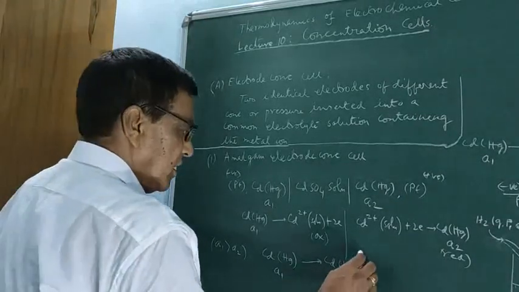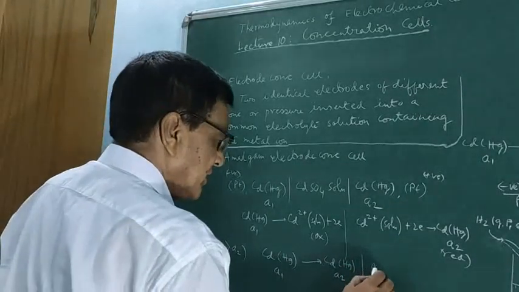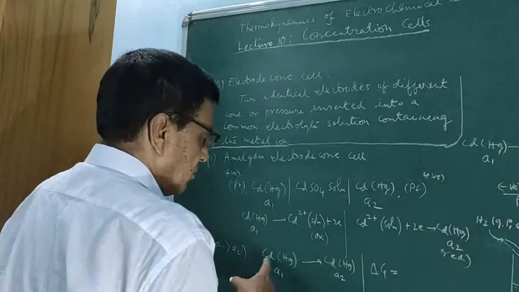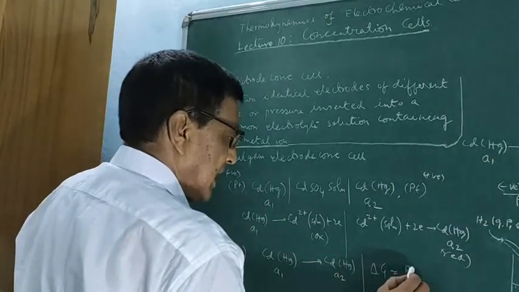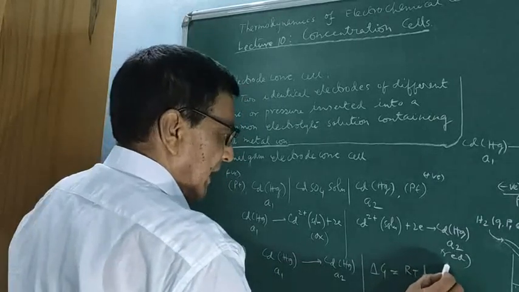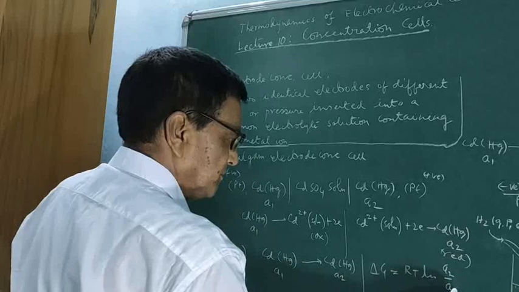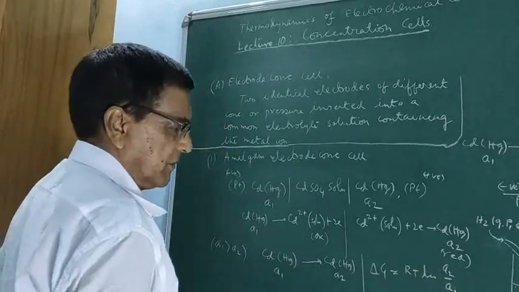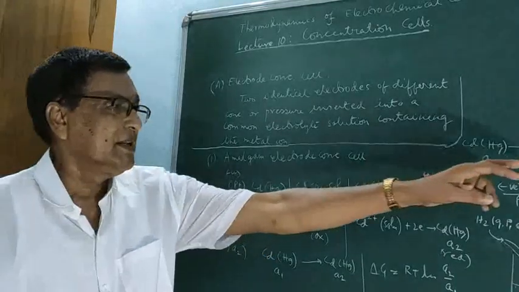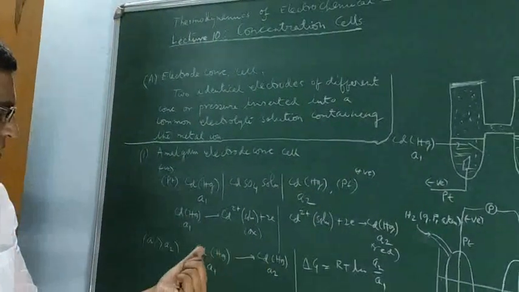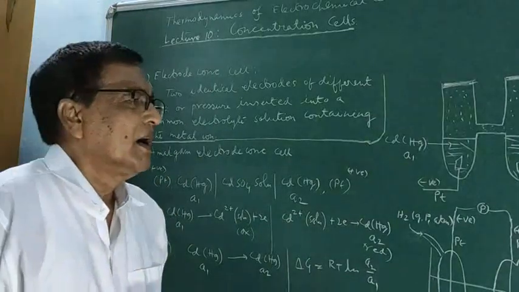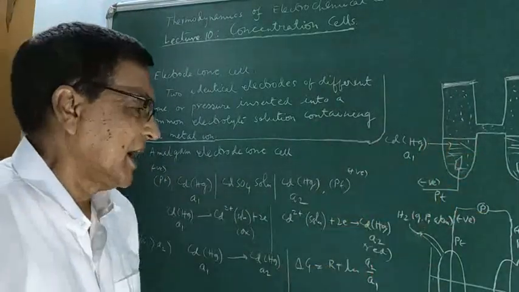If we consider the free energy change for this transport of 1 mole, it will be RT ln A2 by A1. In this cell, the transport of cadmium from left to right is utilized to produce electrical energy.